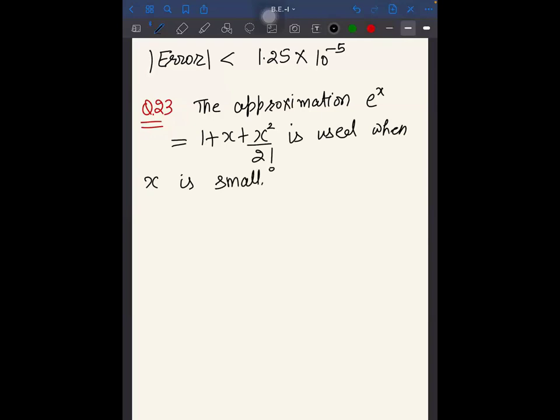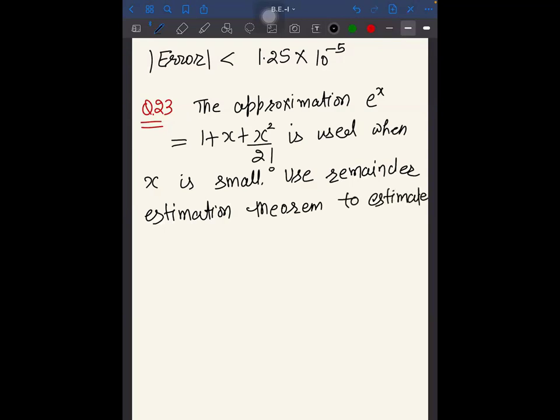Use the remainder estimation theorem to estimate the error when your x cannot go beyond 0.01. Are you getting the statement? Is it fine? Yes, sir.